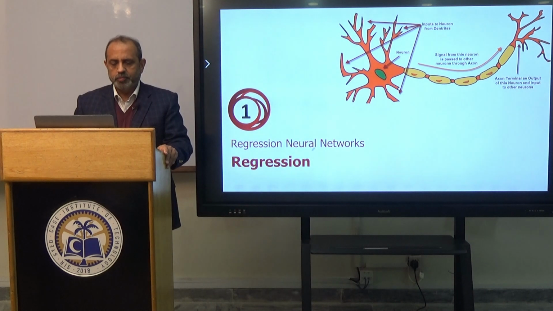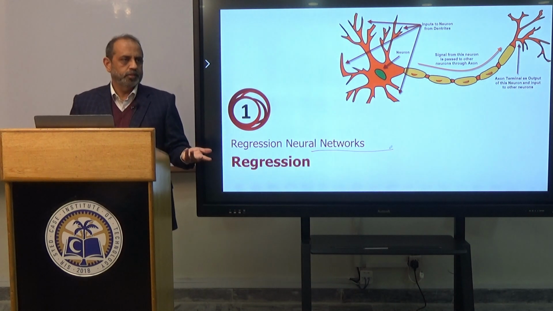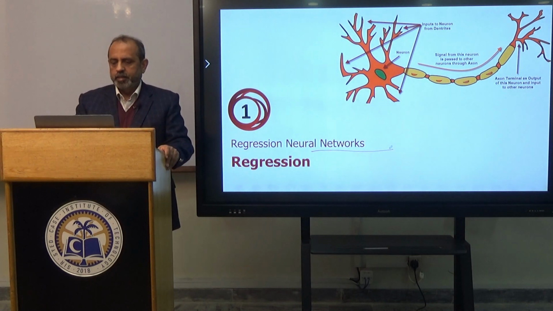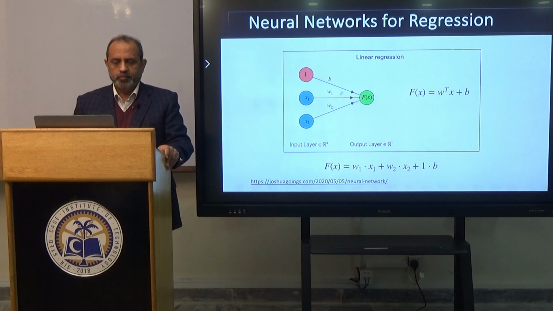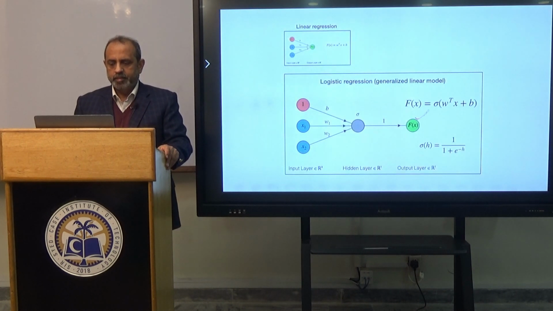Another thing which you can use is neural networks, okay, for regression again. Because we know neural networks have the bias and the weights and the node and the nonlinearity, a sigmoidal nonlinearity, and it'll just give you a value.